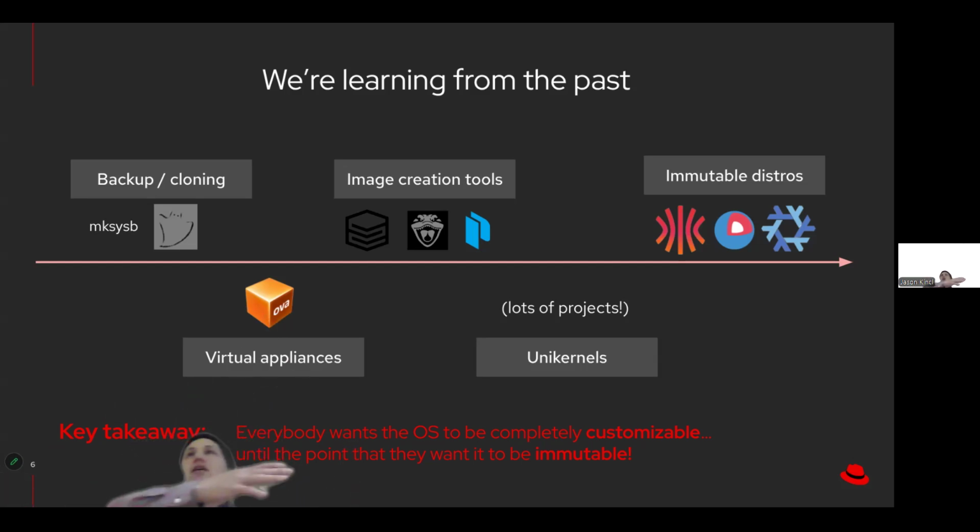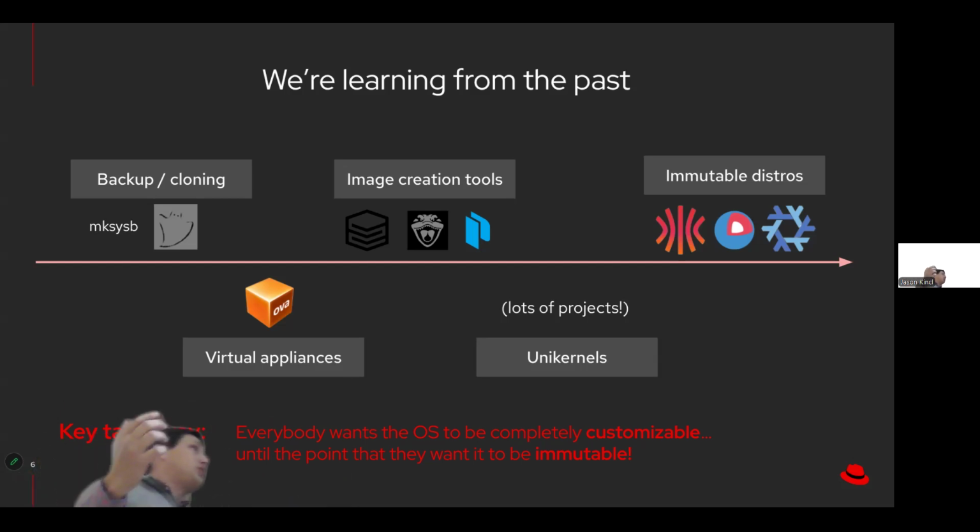So the image creation utilities, coupled with automation, give you a full system. You have some properties of immutability, but not everything. Unikernels are another thing. There are lots of unikernel-like projects that have tried to implement this idea of let's just shove everything in, sign the whole thing, and deploy that, and that's all we need.